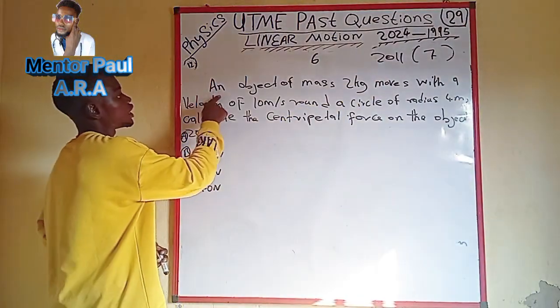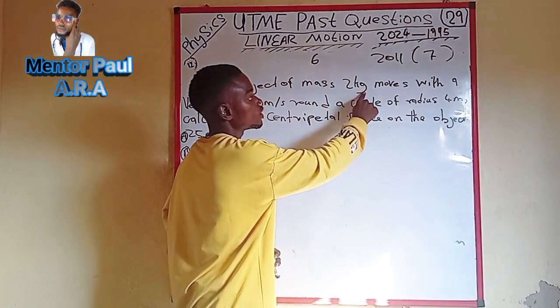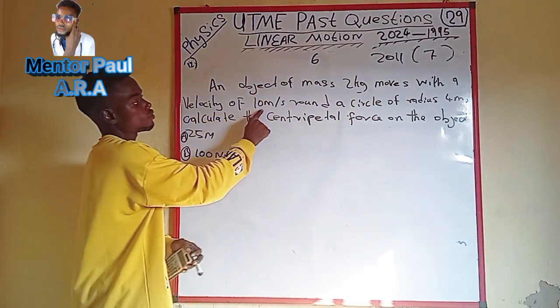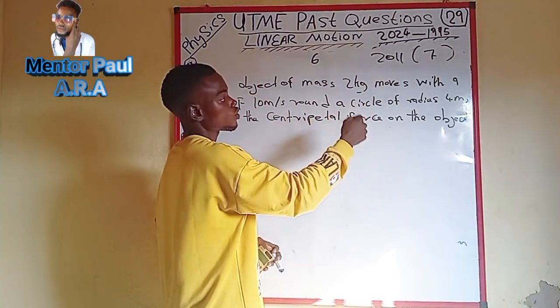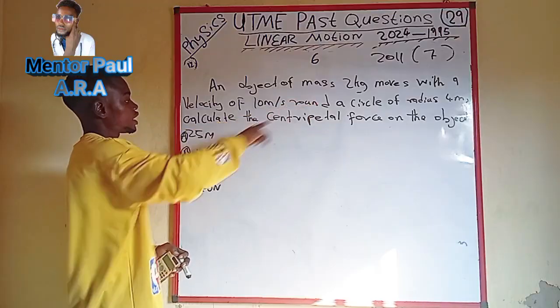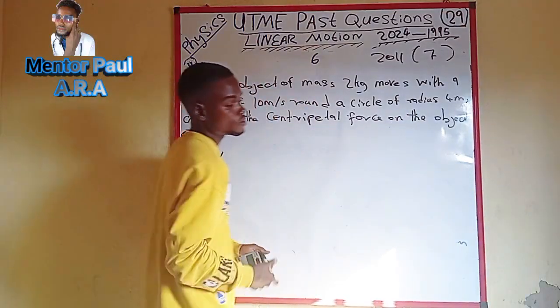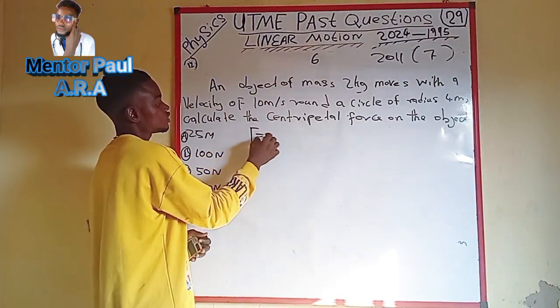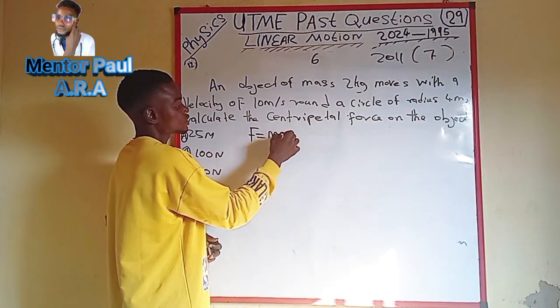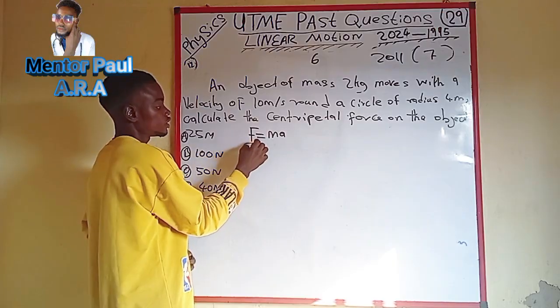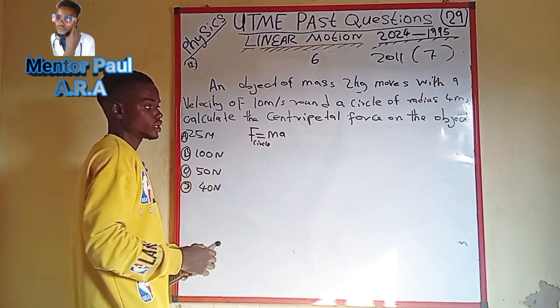2011, seventh part of the question. An object of mass 2 kilogram moves with a velocity of 10 meters per second round a circle of radius 4 meter. Calculate the centripetal force on the object. Now, force is given by mass times acceleration, while this force is the force in a circle.